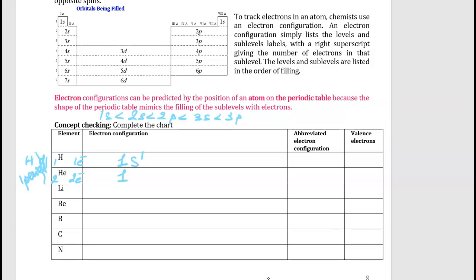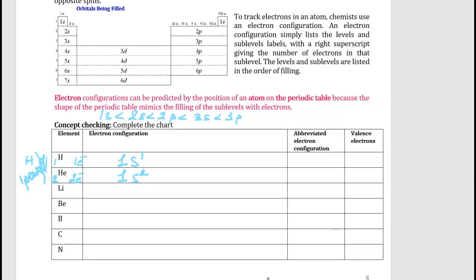And you remember that on the S subshell there can be only 2 electrons, right? But hydrogen has 1, so there's a place for another one. So helium has 1s2. That means that on the first shell, on the S subshell, it has 2 electrons.